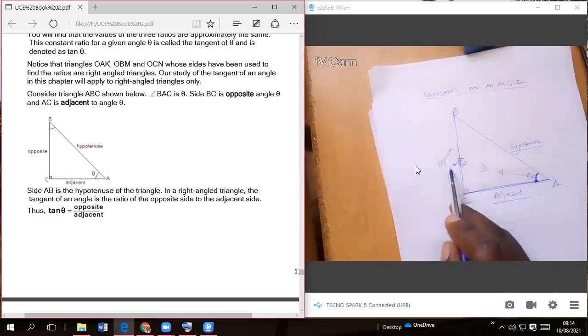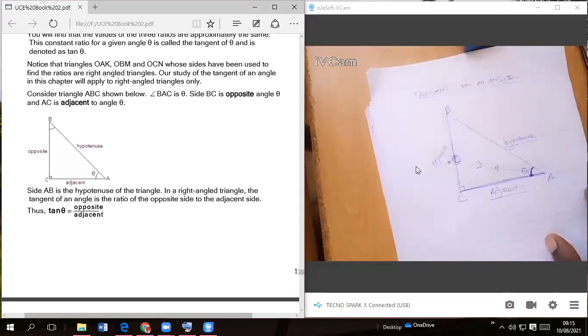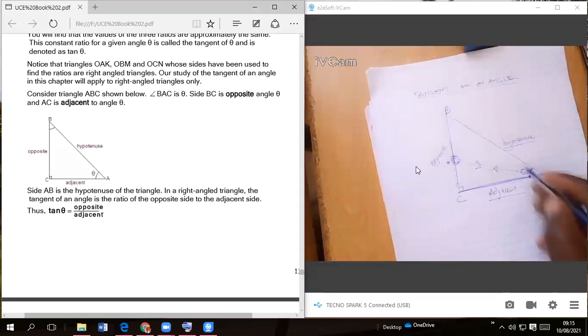So this side is opposite to the angle, this side is adjacent to the angle, and this one is obvious. This one is the hypotenuse. Okay, now if we are to find the tan of, say, this angle which is here, theta, the tan of that angle.